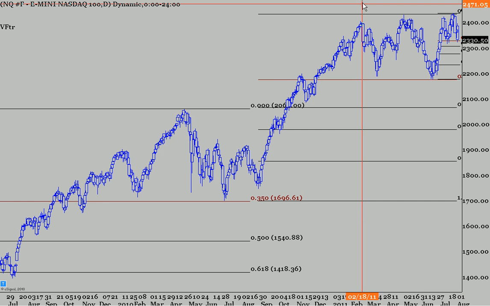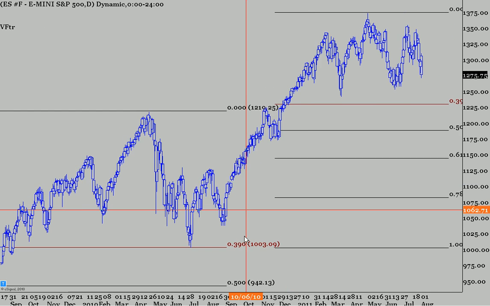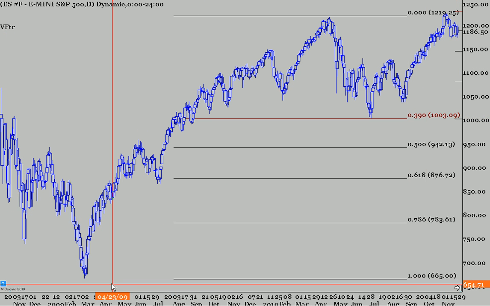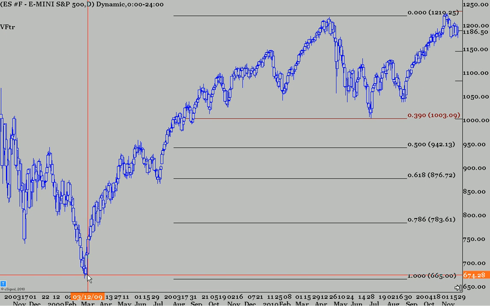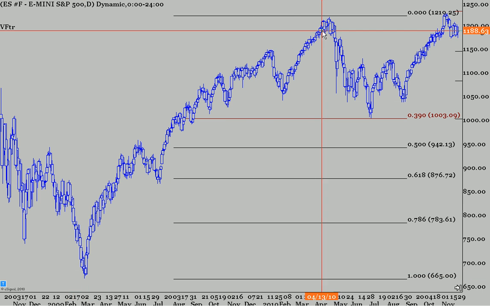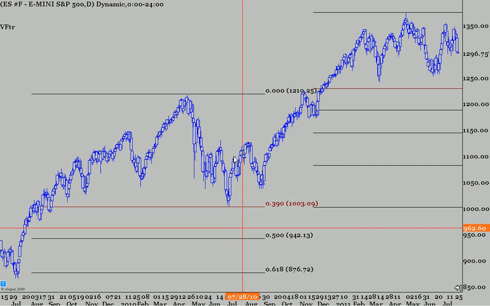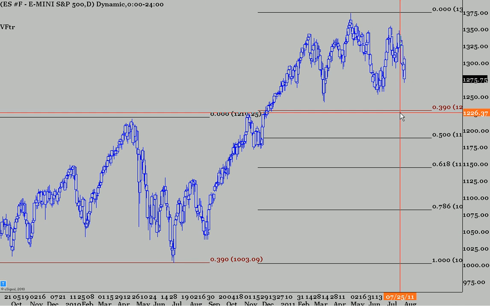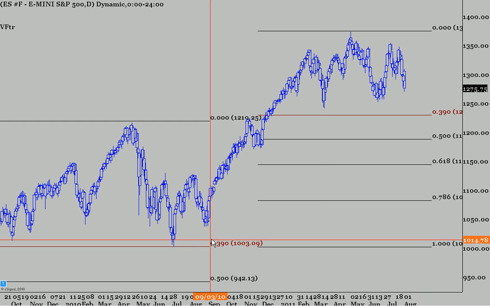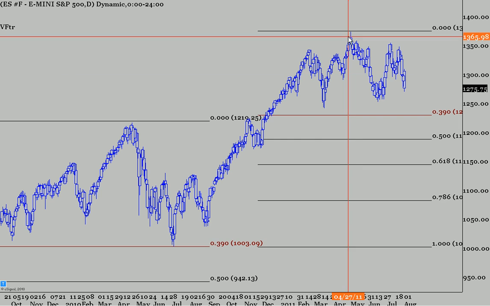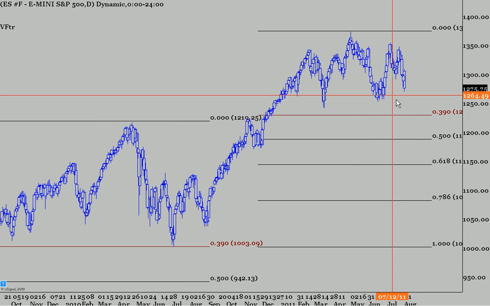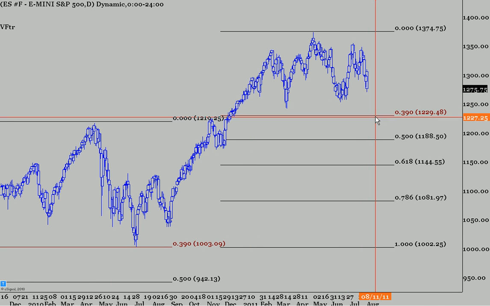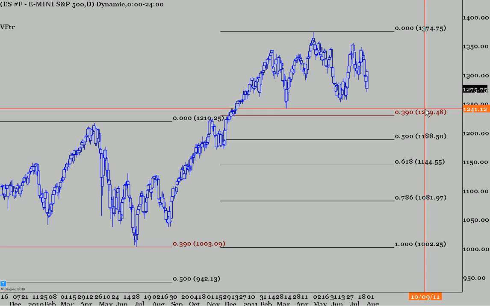So let's go to the ES, and we'll go back from this low, this March '09 low, up to the high. The pullback was 39%, so a little bit deeper than the NASDAQ. From this low to this high, symmetry support is 1290 or 1229 right here.